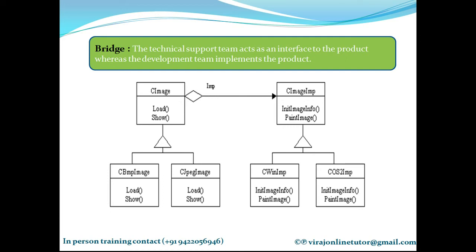So the operating system specific code is encapsulated in CImageIMP subclasses. This results in a cleaner code without much preprocessor statements like #ifdef, #ifndef inside the code. So since operating system specific classes are disjoint here, we don't have to write a single code with all operating system supports into one.